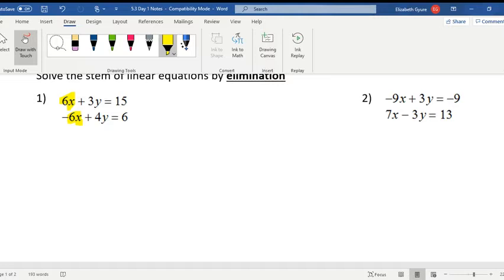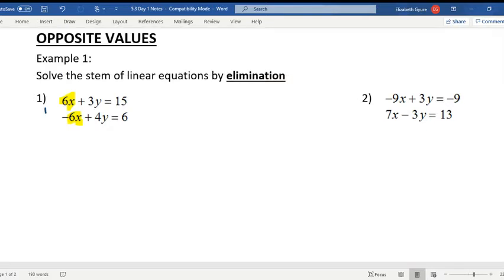Like you'd have 532 plus 37 and you had to go through and add it vertically. This is similar to that. We're going to combine these vertically. I'm going to put a plus sign out here just so you can see what we're doing, and then I'm going to put a bar underneath. This is just an organizational thing.